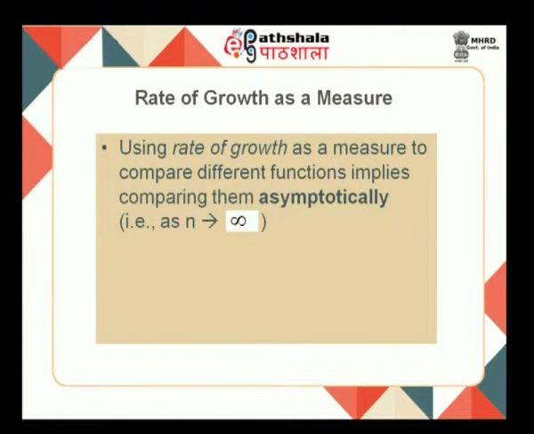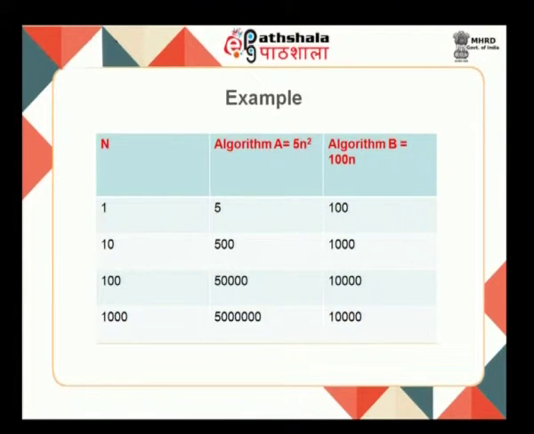So, we can take the value of n starting from 1 up to infinity, and we can say how the functions grow. For example, if we start substituting various values for those algorithms, then the table is going to look like this. You can see very well as n varies, that is shown in this particular column, the number of steps or comparisons for algorithm A is listed here, and for B here.